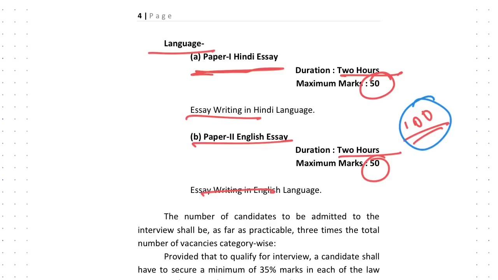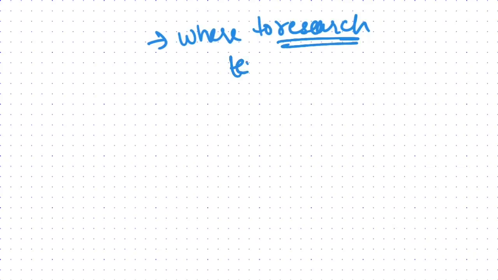Now you might be wondering, what kind of essays do they have to keep in mind? For example, you have to know where to do the research from, because you can't write an essay out of your hat. Let's say they ask you an essay on terrorism. In that case, you have to know what are the current problems of terrorism, where does it originate, or maybe they give you some context.